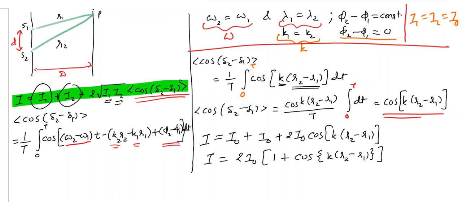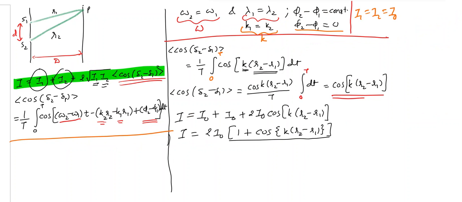This is the intensity. Now, if you use a trigonometric identity, you can simplify this bracket further. If you go back to your maths, you must have used this equation: cos of 2 theta is 2 cos squared theta minus 1.